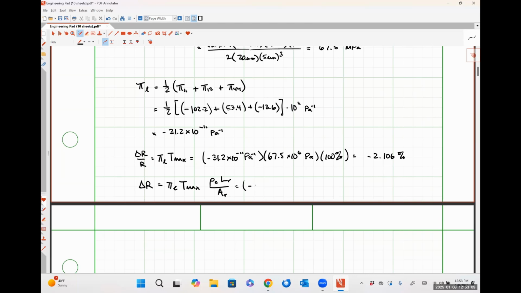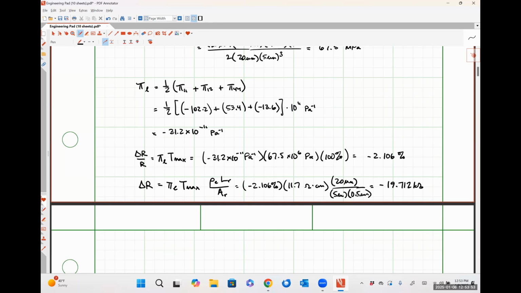So this would come out to be negative 2.106%, which is pi L times T max, 11.7 ohm centimeters, excuse me. And then we'd have 20 microns, which is the length of our piezo resistor, 5 microns times 0.5 microns, which is the width and thickness. This translates to negative 19.712 kilo ohms. For what it's worth, the nominal resistance of our piezo resistor was actually 936 kilo ohms.